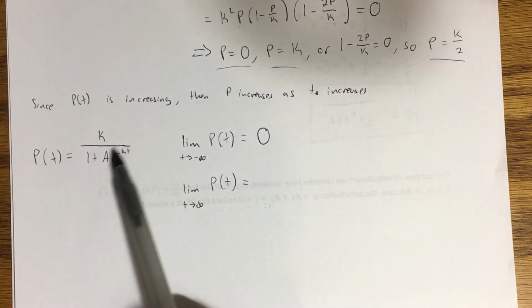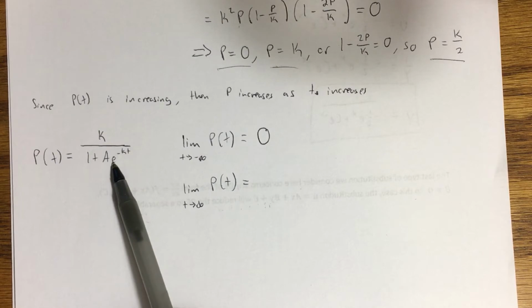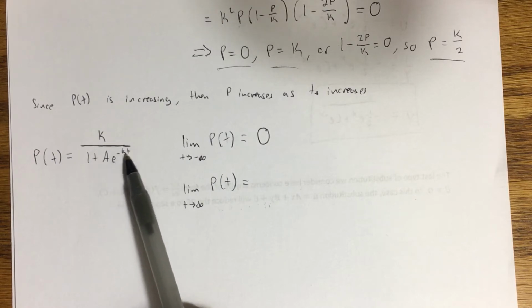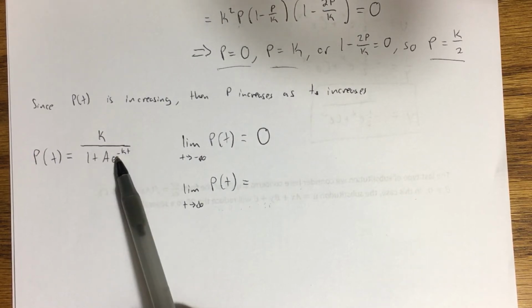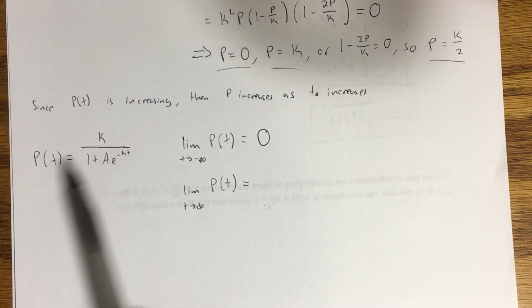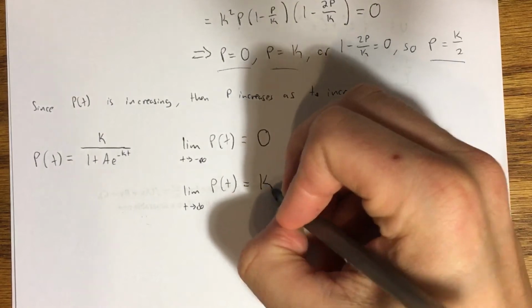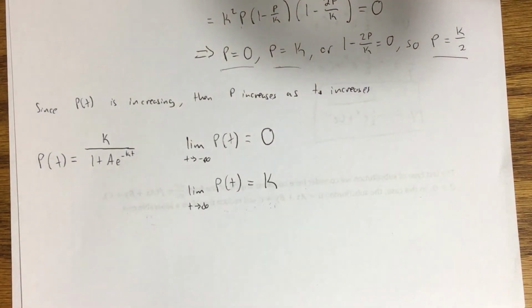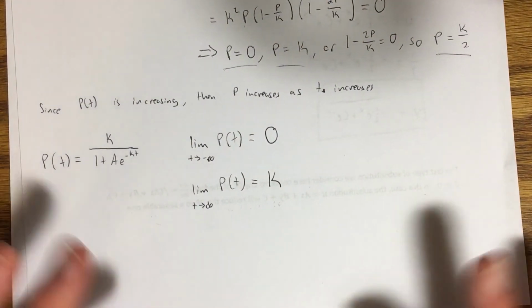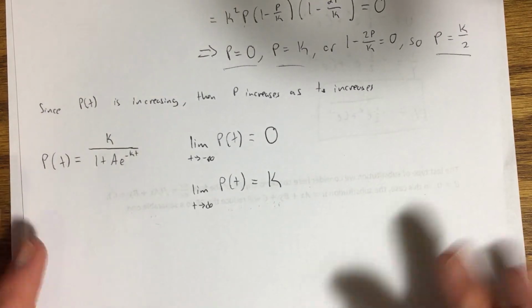That means that this entire term is going to become very, very small, shrinking ultimately to 0 in the limiting case. So as this shrinks to 0, this entire expression is shrinking to k over 1, or just k. So that's the limiting behavior of this function. It confirms what we expected both from our intuition regarding population growth and the curves that we are seeing up here.